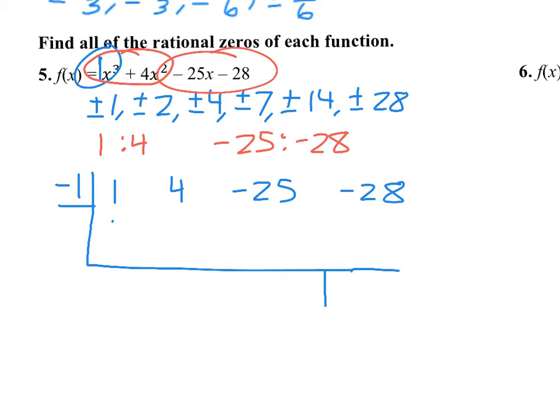So I plug in negative 1, bring down the 1. 1 times negative 1 is negative 1. 4 plus negative 1 is positive 3. 3 times negative 1 is negative 3. Add negative 25 and negative 3, you get negative 28. Multiply negative 28 times negative 1, you get positive 28.